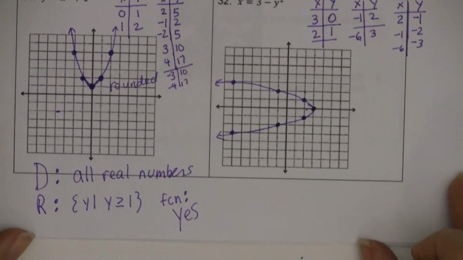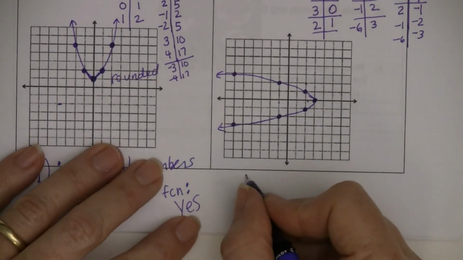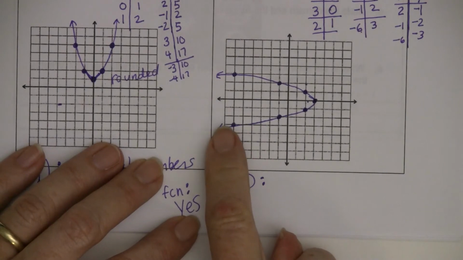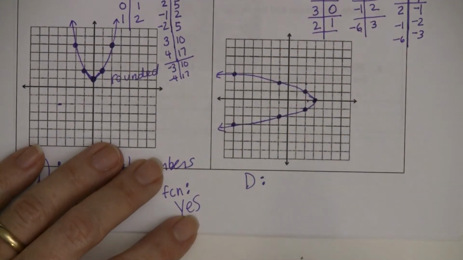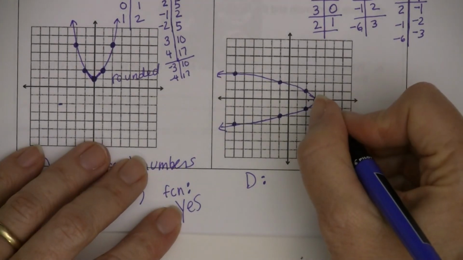Now I'm looking at the domain, and so the domain this time, you notice that if we look at the x values, we have definitely a largest x value, which is 3, the largest x value that we have there, which is this point right here.